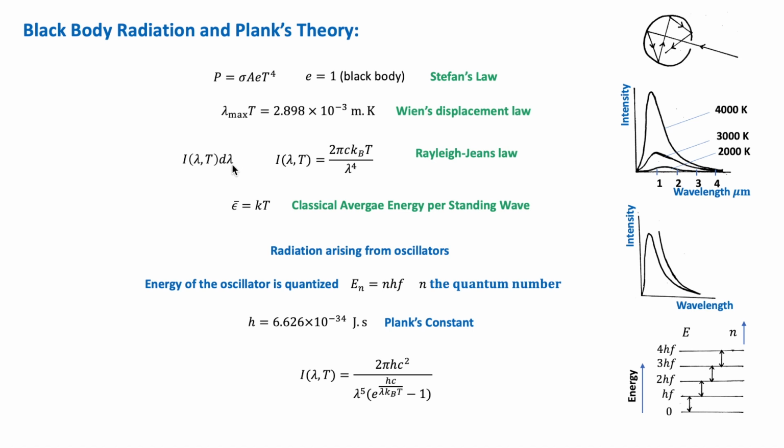And here I will not include the details of the calculation, but it is based on the classical theory that the accelerated charges or oscillators in the cavity walls have a continuous distribution of possible energies and therefore emit electromagnetic waves at all wavelengths, okay? And this turned out later to be false.